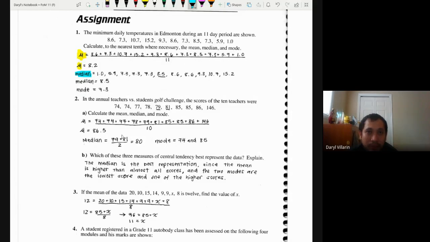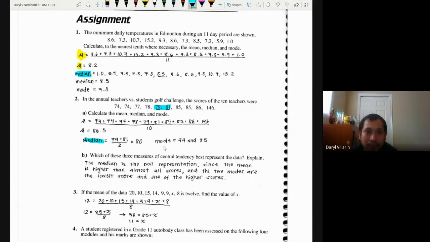So that's why you add these two middle values and then divide by 2. But if you have an odd number of measured values, just the middle part would be your median. So that is shown here. The middle is 79 and 81. If you can see, 1, 2, 3, 4, 1, 2, 3, 4.